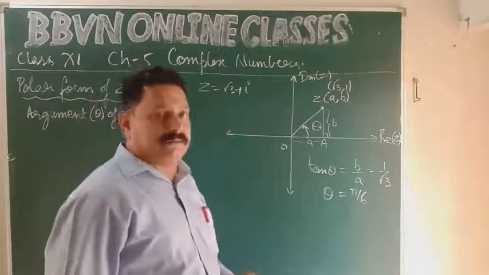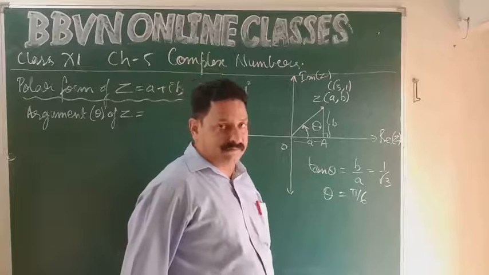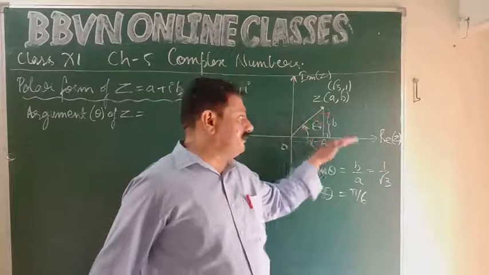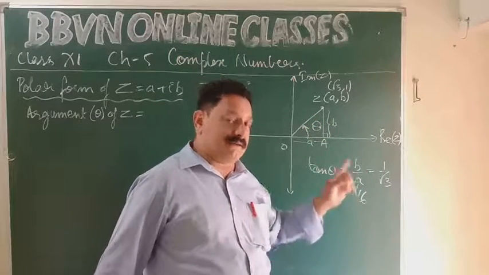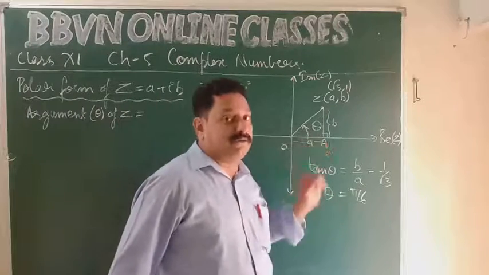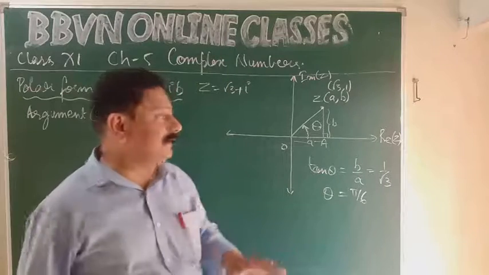So for this complex number, the argument theta is pi by 6. This is the angle theta between the line segment OZ and the x-axis measured anti-clockwise. But the condition is the value of theta should not exceed pi radians, that is 180 degrees.